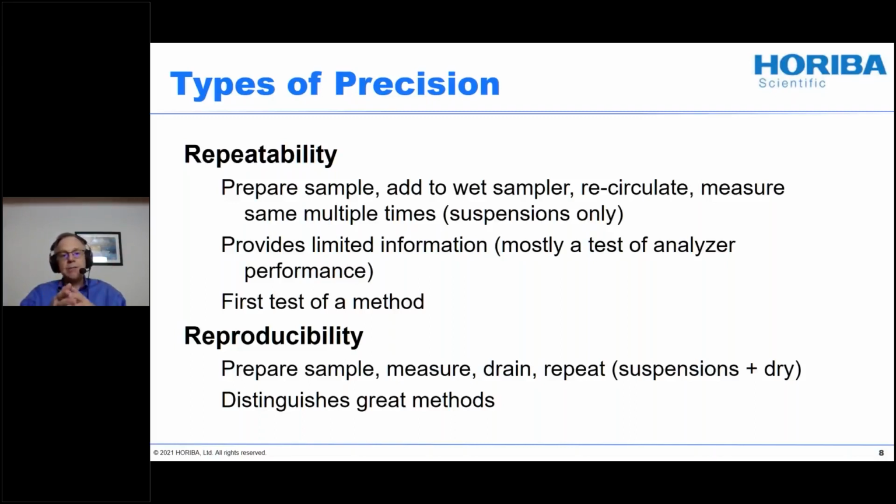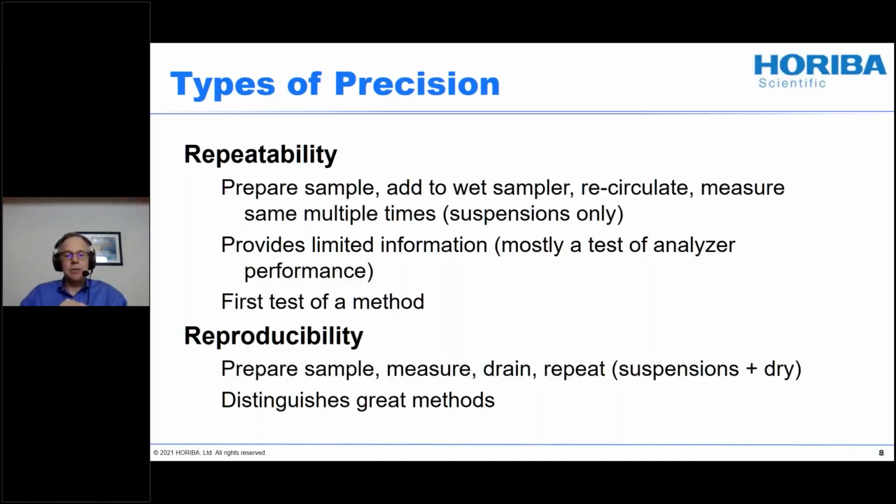I'd comment it provides limited information because it's just a test of analyzer performance and part of your method performance. The nice thing is that it tells you that one part of your measurement is stable or unstable.